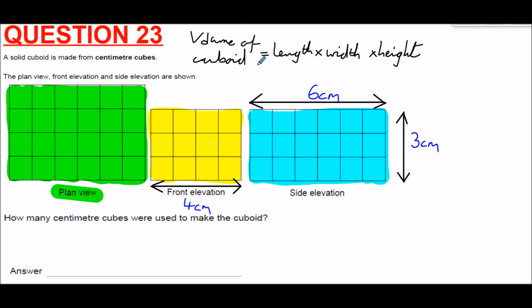So the volume, which is the length multiplied by the width multiplied by the height, well, we know the length is 6. The width of it, we can tell from the front, it's 4 squares wide, so that's 6 times 4.